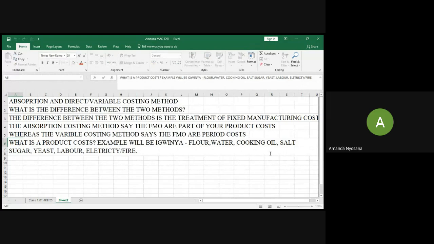You judge with your eyes. And then we can estimate that making one igwinya takes me about 5 to 10 minutes.